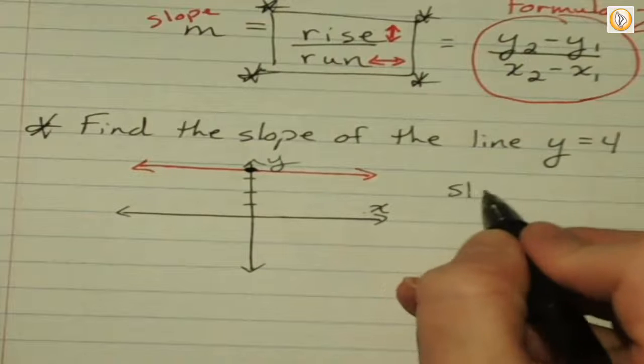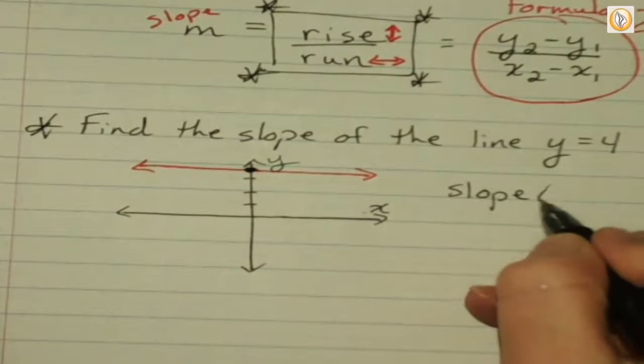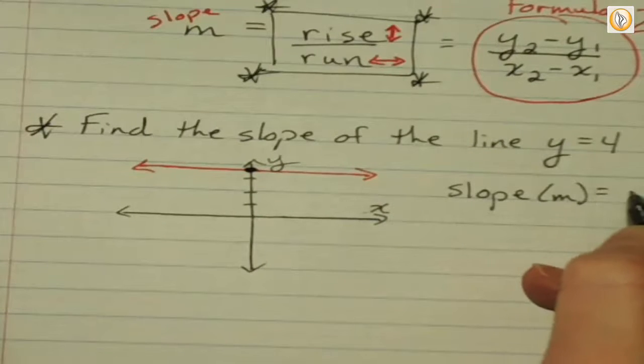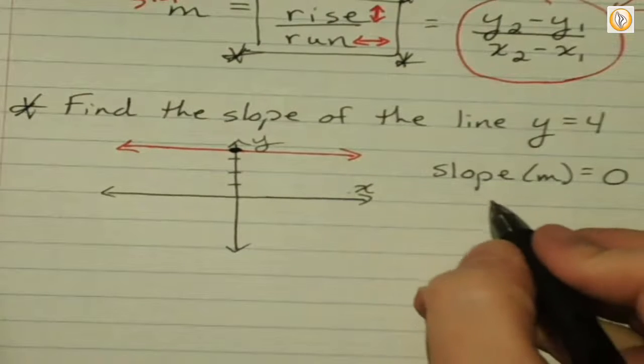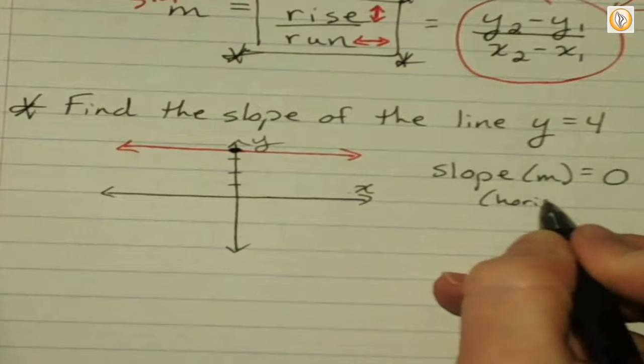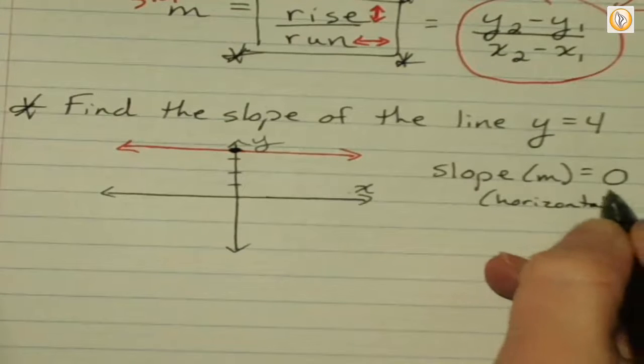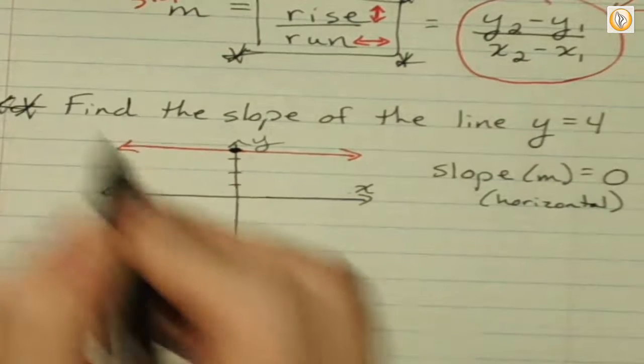So your slope, which is m, is 0, because it's horizontal. I'm going to put 2 stars here.